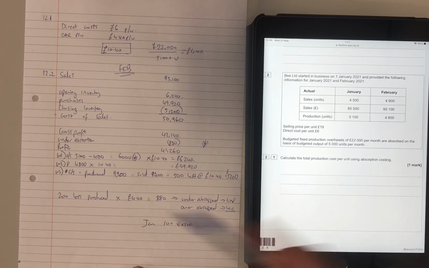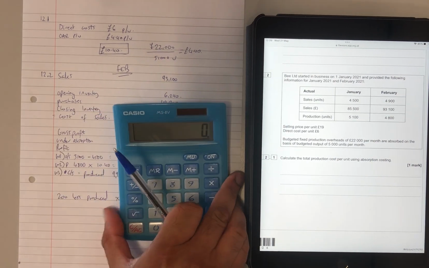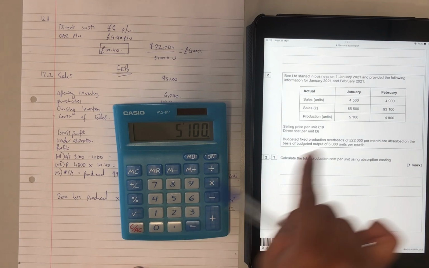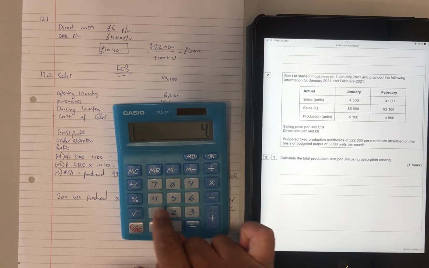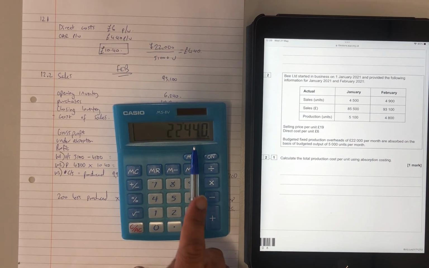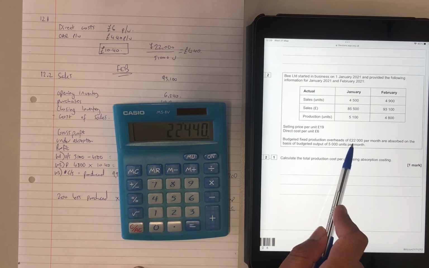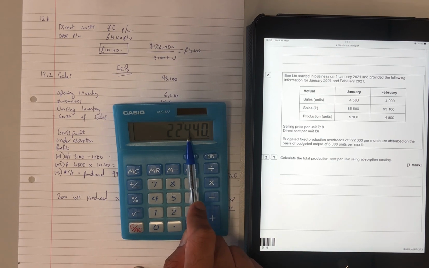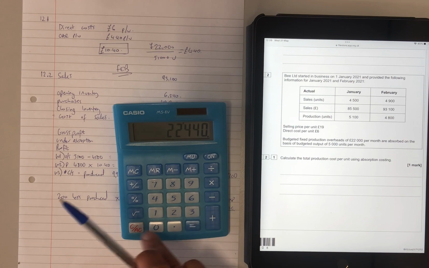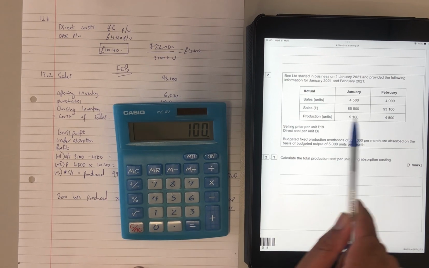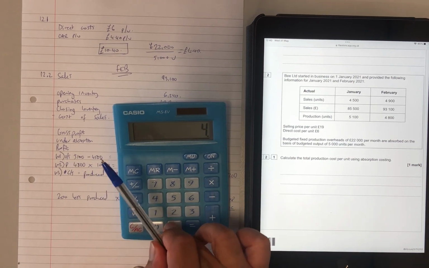But what would we have done? Here's my calculator, I'll show you. We would have done 5.1 times £4.40. We would have charged extra. We only need to charge 22. We would have charged extra 4.40. Okay, meaning 100 units we produced extra times £4.40.